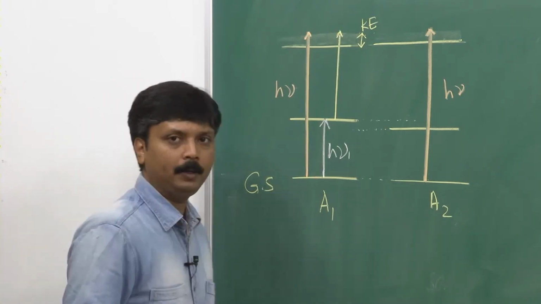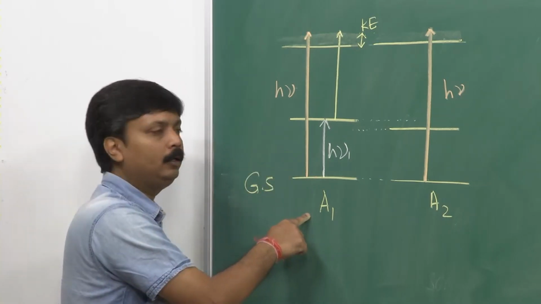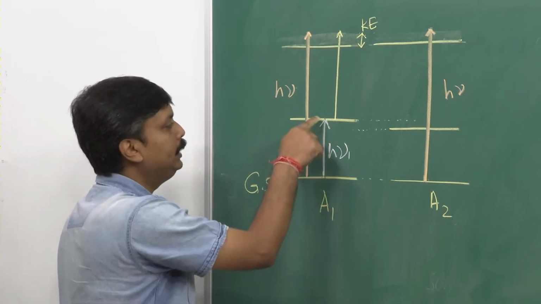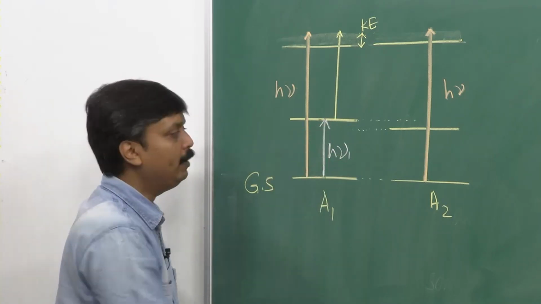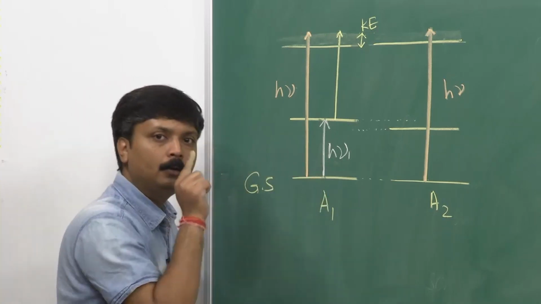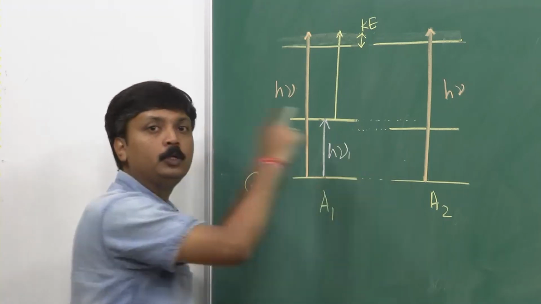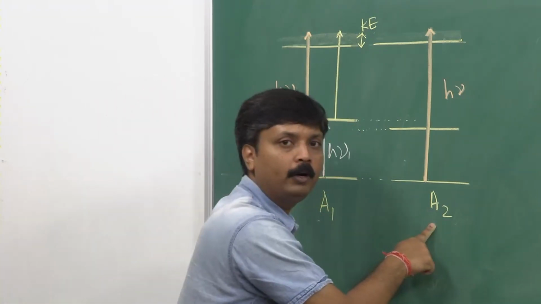Then what will happen? If A1 has a state that matches with this nu 1, and if I use the same laser light to do the same job in A2, it will not work. It will work only for A1, not for A2.